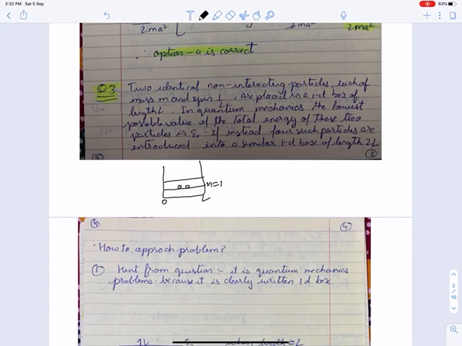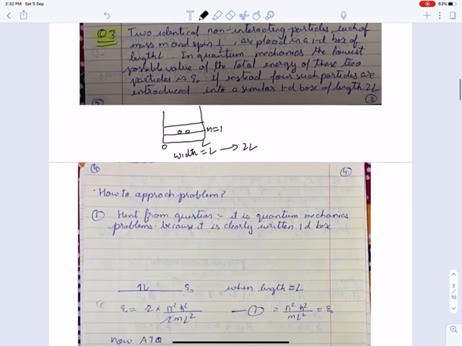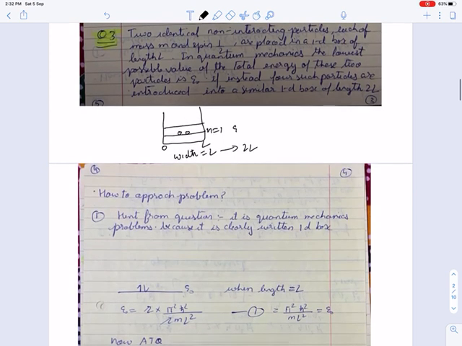If instead four such particles are introduced into a similar 1D box of length 2L, the width is shifted from L to 2L. First, the total energy is epsilon naught, which is given.